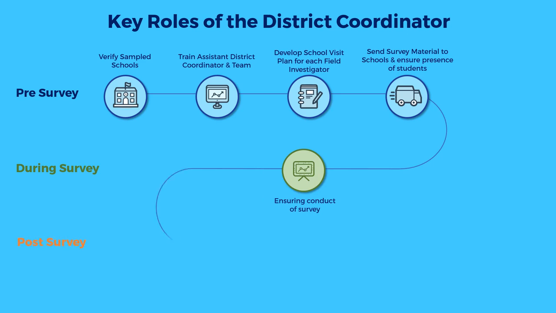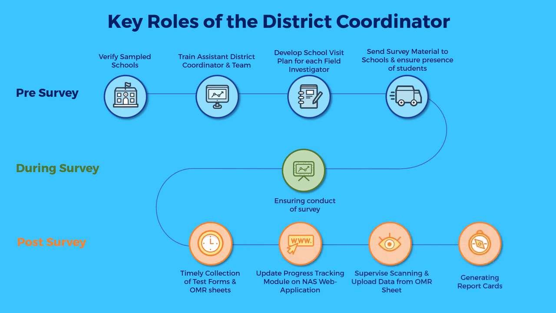Post the survey, the District Coordinator will collect all used and unused survey material, ensure data entry logistics, supervise data entry, and develop an action plan as per the survey results. We will now look at each role in detail.